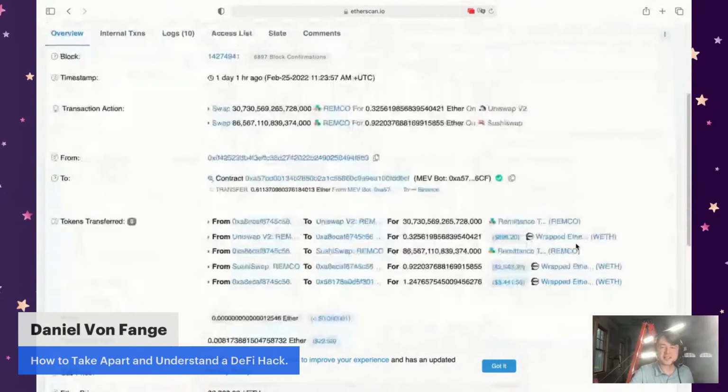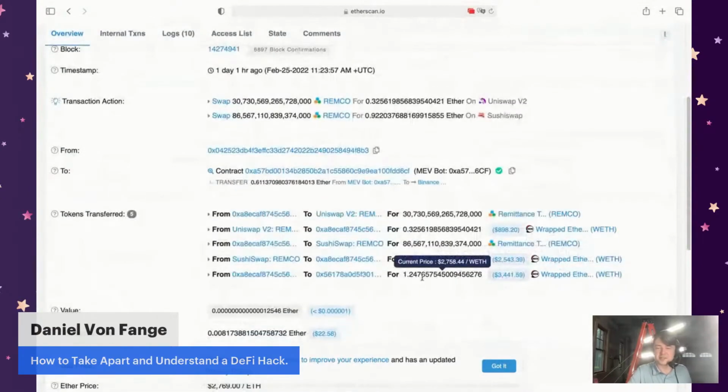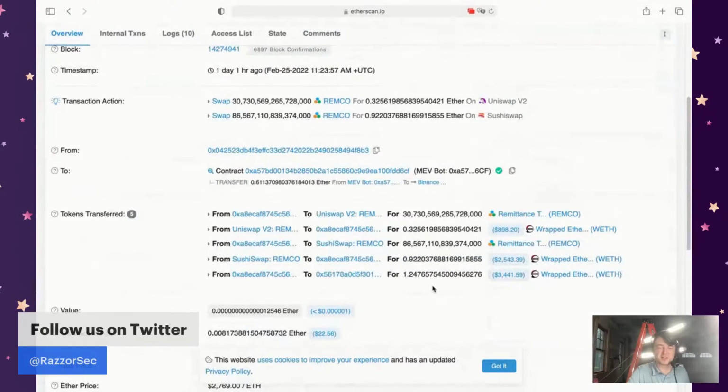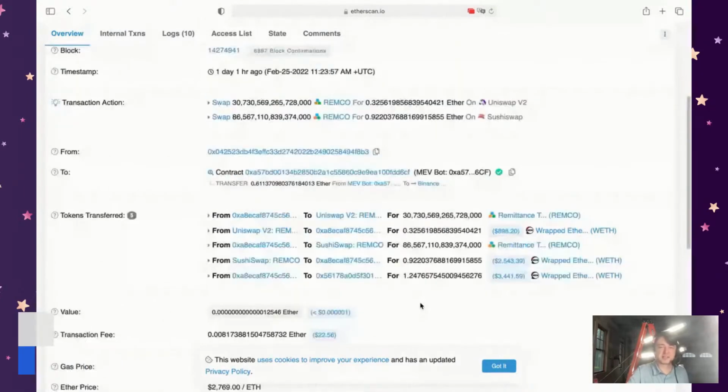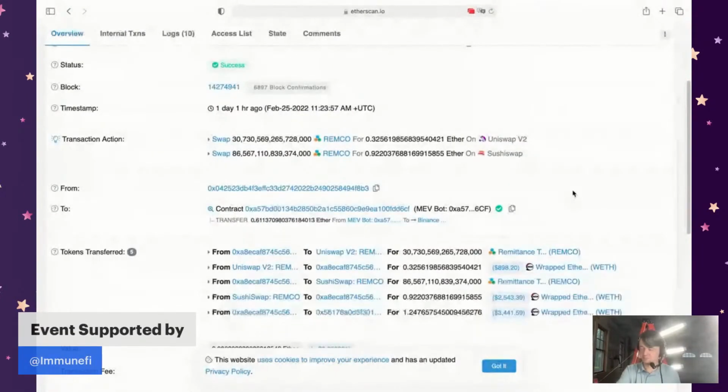We can see that there was about 1.2 ETH transferred here. This is kind of tokens transferred. And if you look carefully at this, the only real takeaway you might have from this page is that somebody swapped a very big number of RIMCO tokens.